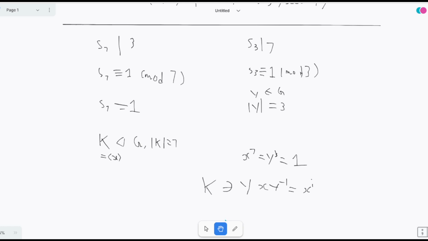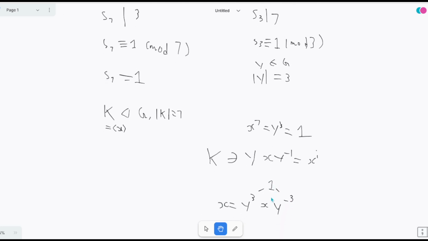Now, since y to the 3 equals 1, if we say that y to the 3 and y to the minus 3 are both the identity, then we can apply this formula a couple times.